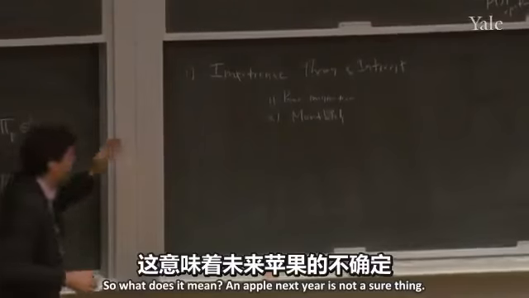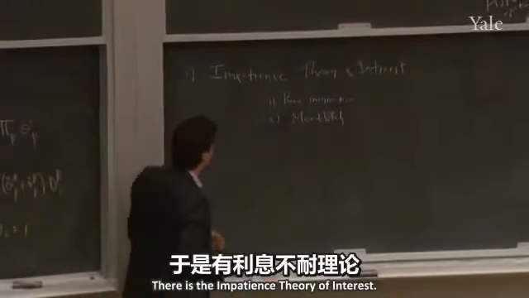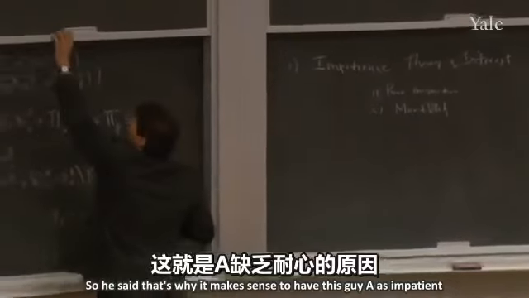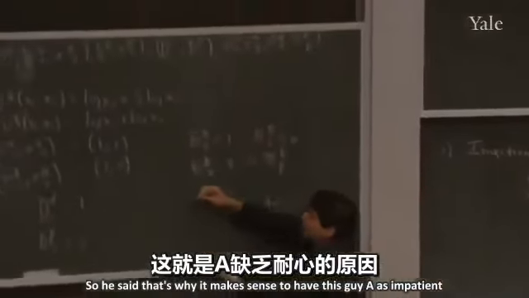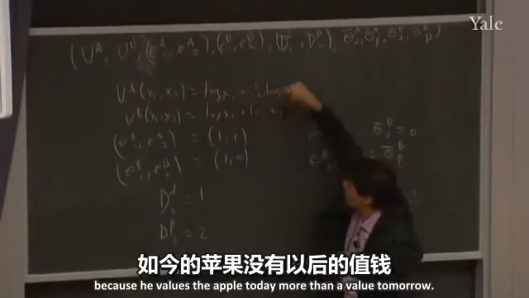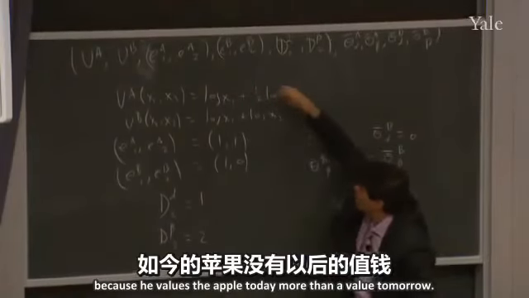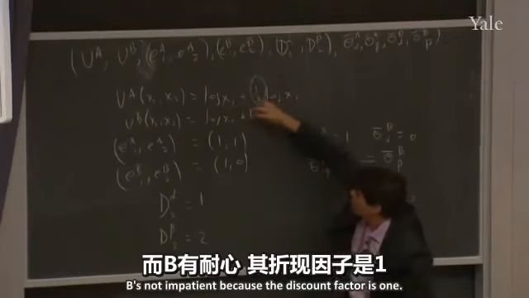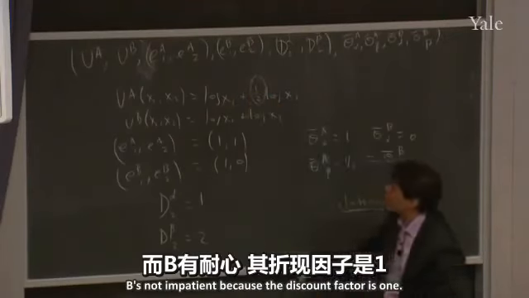So what does it mean to say an apple next year is not a sure thing? There's the impatience theory of interest. So he said, that's why it makes sense to have this guy A impatient, because he values the apple today more than tomorrow. He's got this discount rate, a half here. B is not impatient because the discount factor is 1.